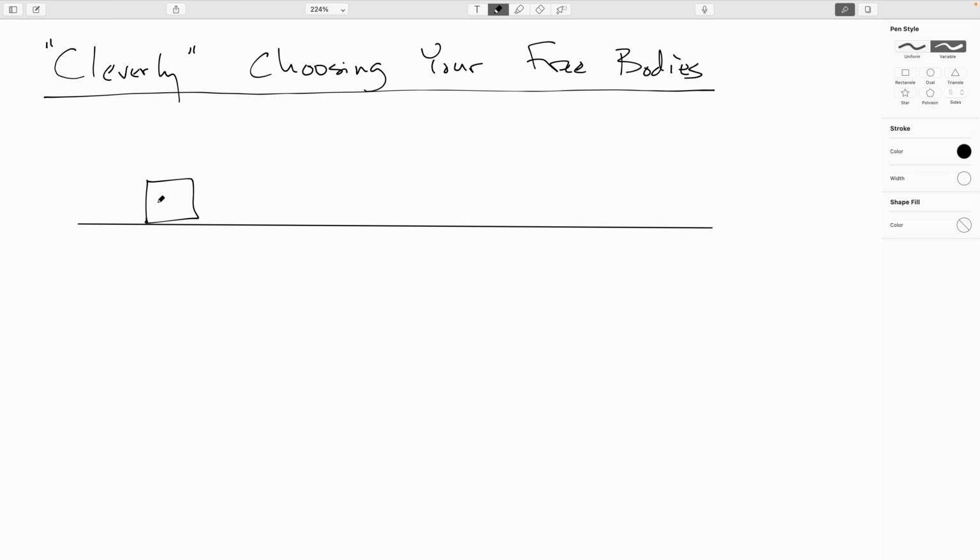So as our working example, I'm going to imagine that we have three crates, masses M1, M2, M3. Let's make this as easy on ourselves as possible. Let's make the surface frictionless. These masses are tied together by ropes.